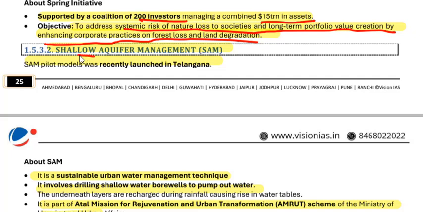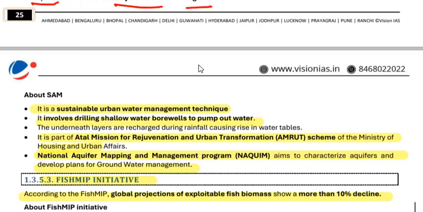Next is shallow aquifer management. A shallow aquifer management pilot model was recently launched in Telangana. It is a sustainable urban water management technique. It involves drilling shallow borewells to pump out water. Then how will this area be replenished with water?